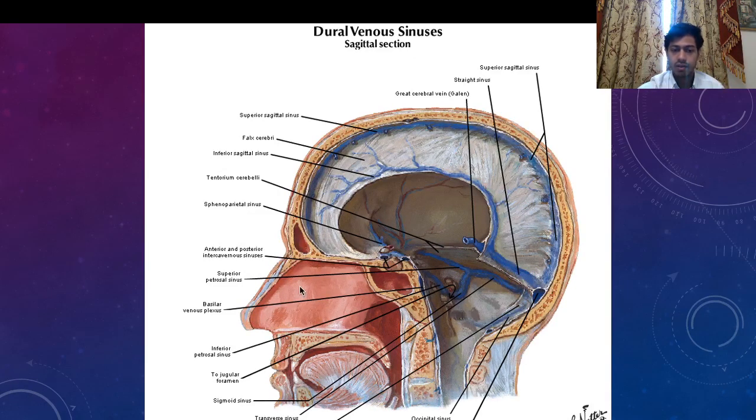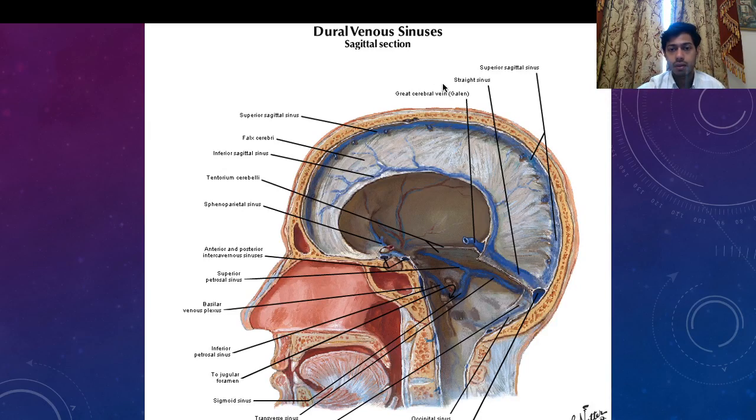Like I said, there can be quite a lot of variation between these structures. So you can have the superior petrosal sinus. Sometimes you can, sometimes you can't. But for the purposes of the exam, learn it with all of these sinuses because they can be present.